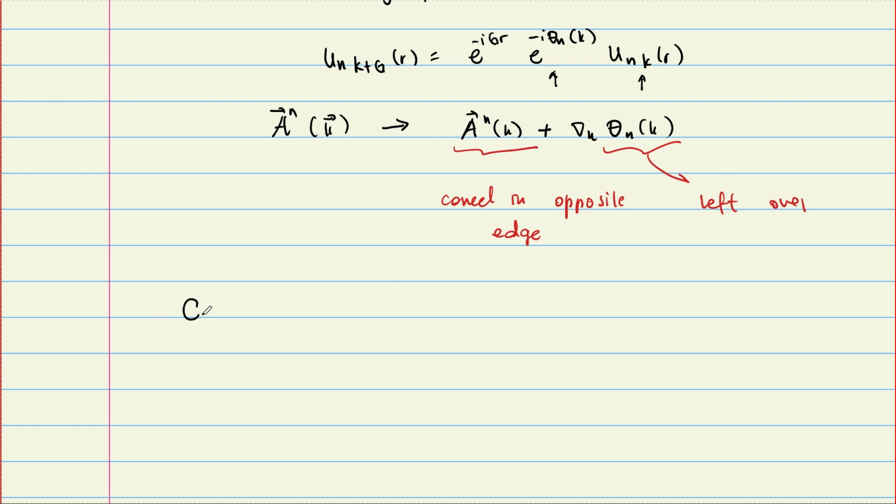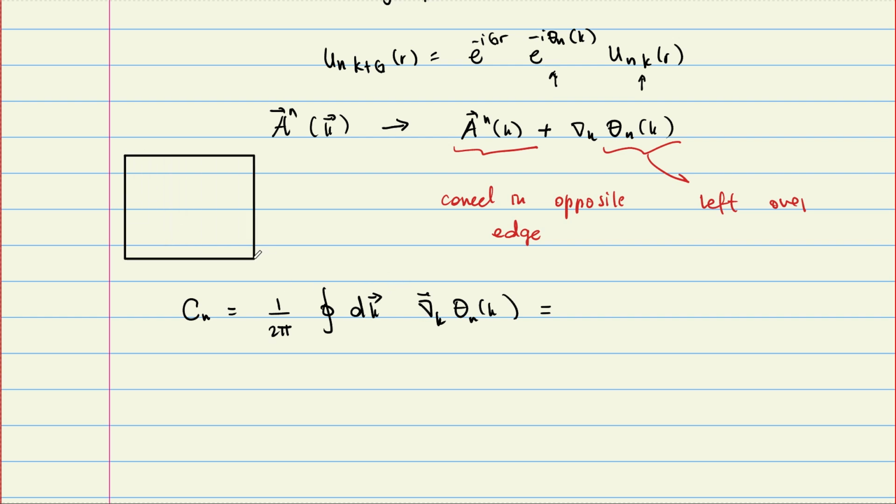Then this C_n is going to be 1 over 2π, some contour, dk, gradient in k, θ_n(k). But what is the integral of a derivative? We had this a lot. It is θ along the boundary.